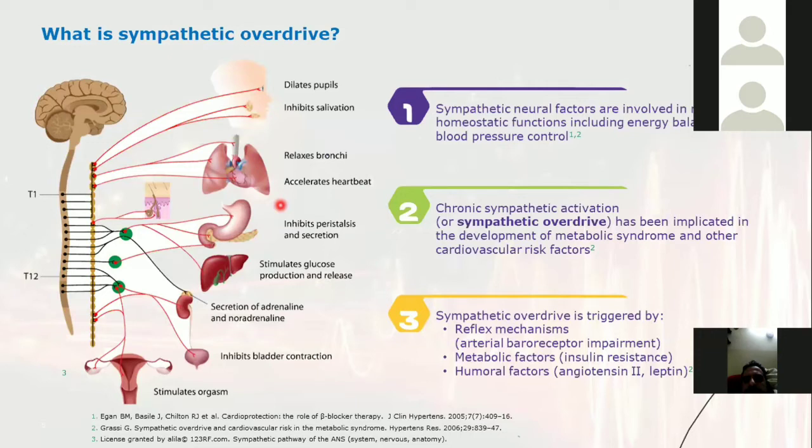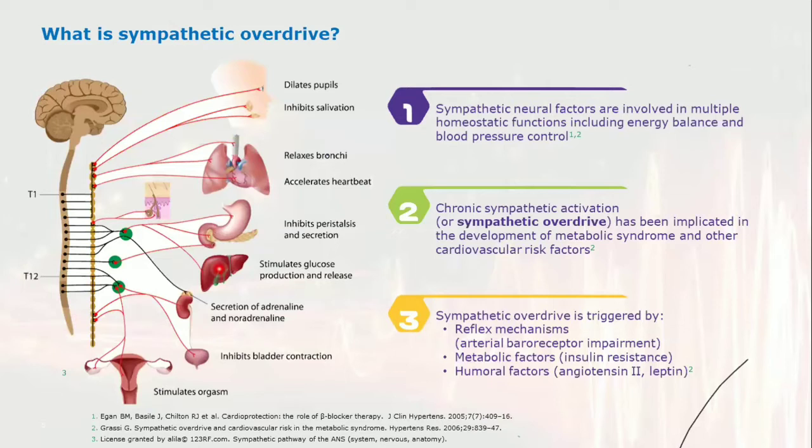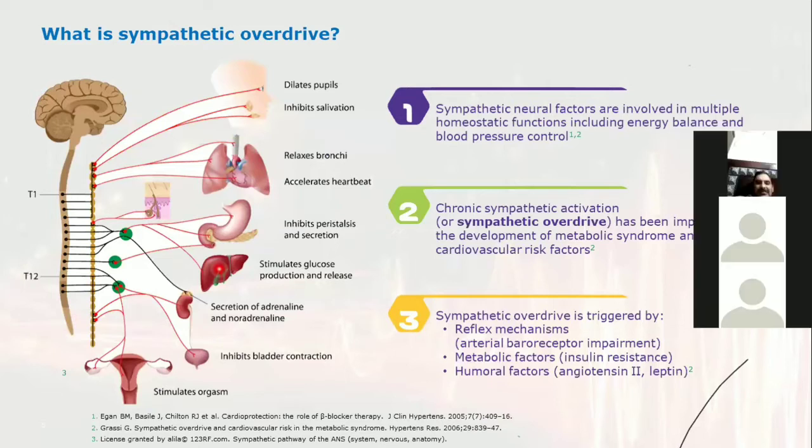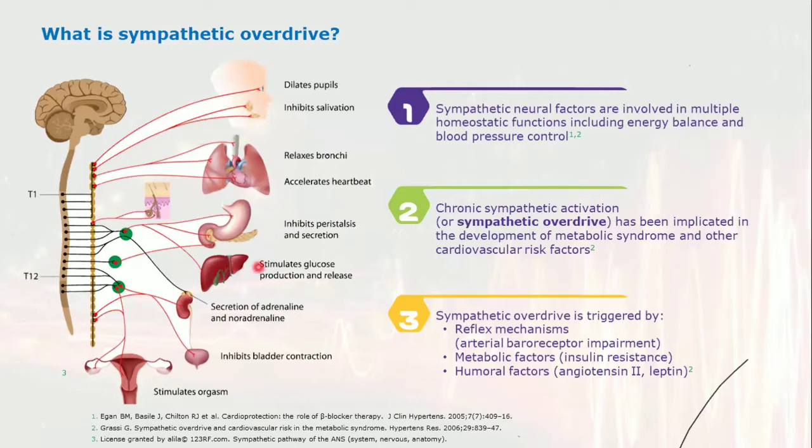It also affects the pancreas, where there is an increase in the secretion of glucagon, and this then has an effect upon the liver, and it increases glucose through the two processes of gluconeogenesis and glycogenolysis, to provide the energy to the body.